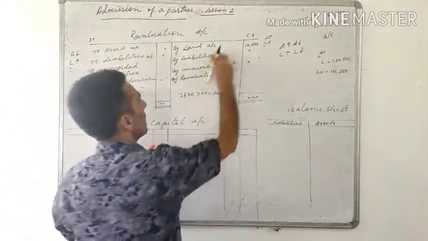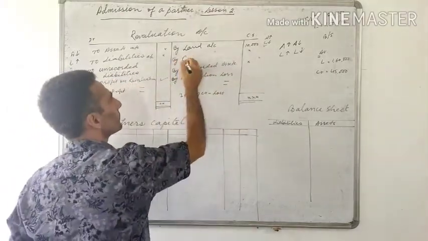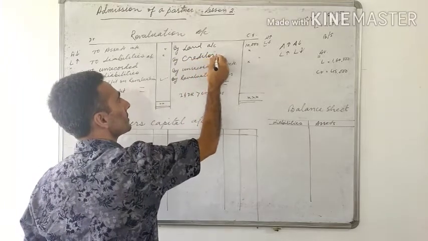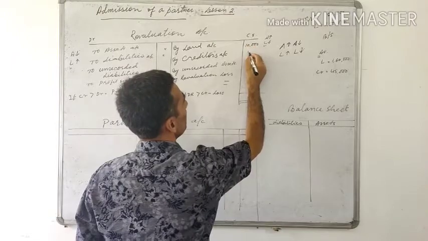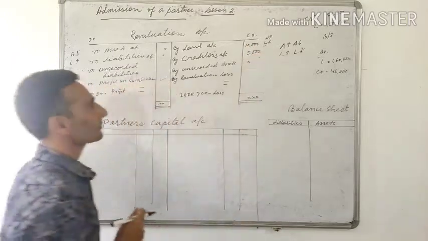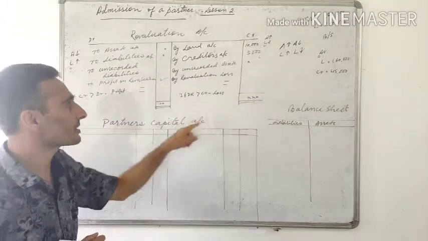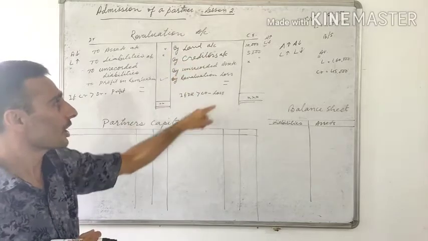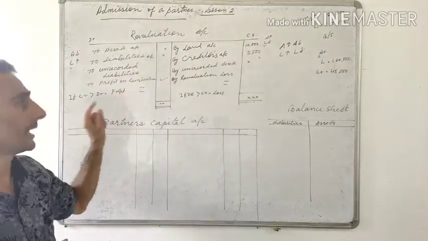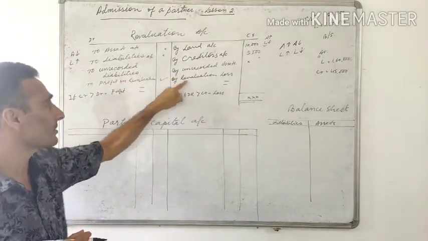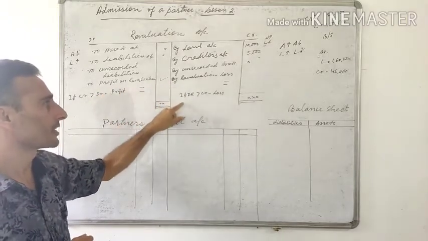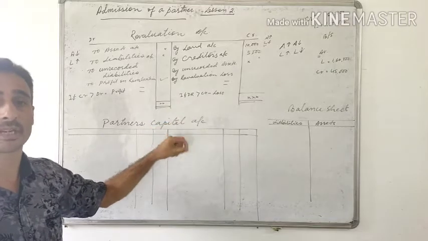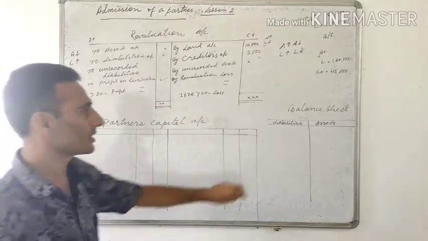So we write by creditor's account 5,000. This is how we prepare the revaluation account, and at the end we find out the revaluation loss or profit, and whatever it is will be distributed among the old partners in old ratio.